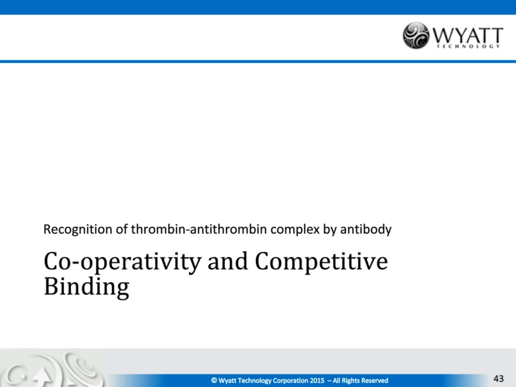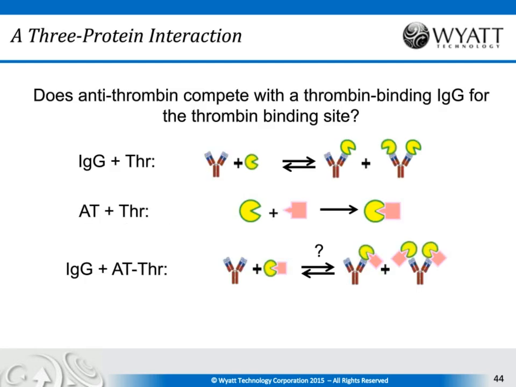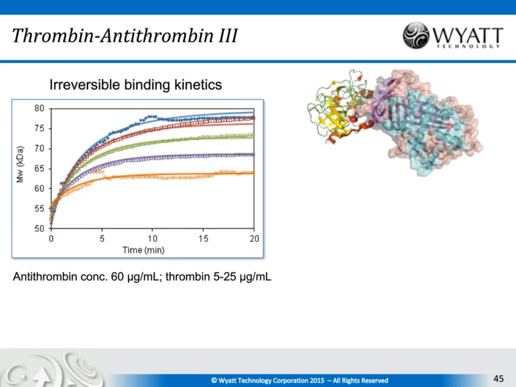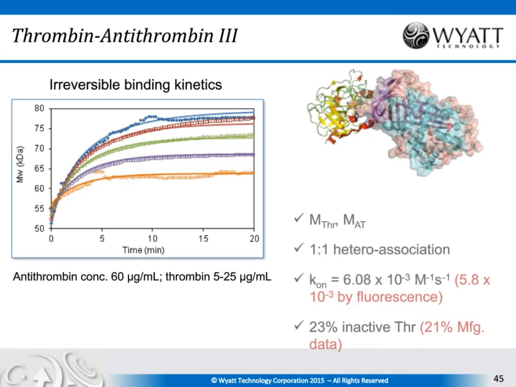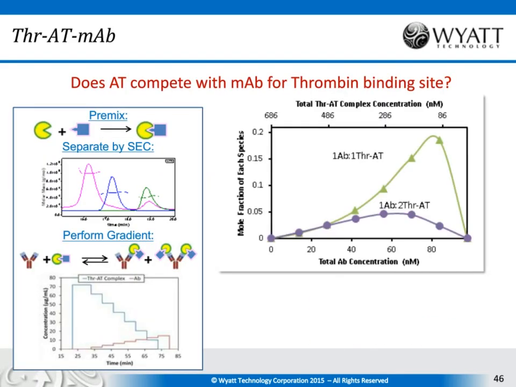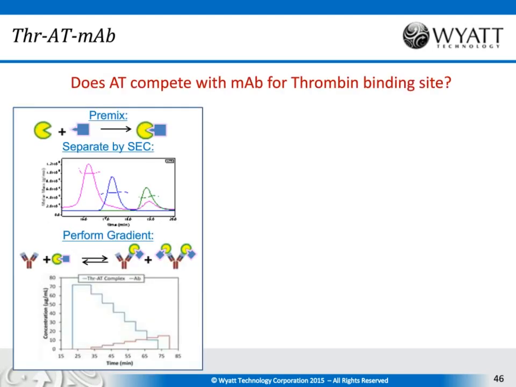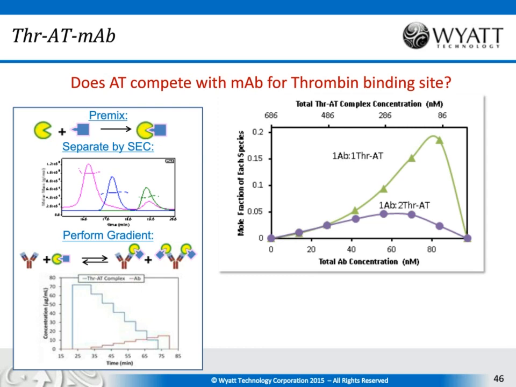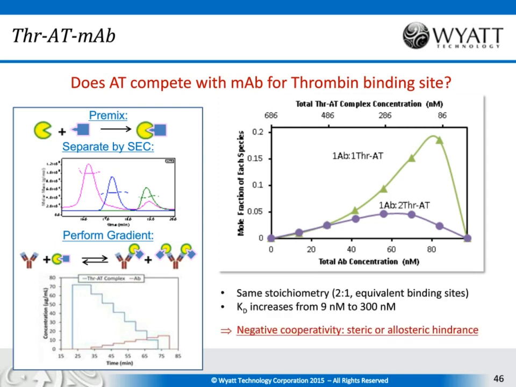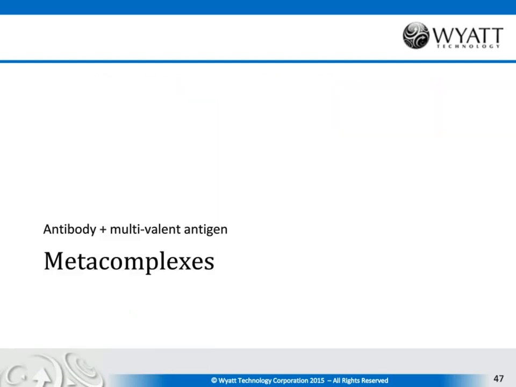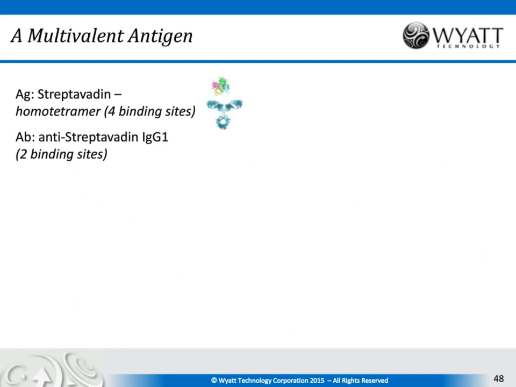So I'll just go briefly through this, looking at the kinetics of irreversible binding as well, and determining if there's competition between epitopes, in this case of antithrombin and an antibody for binding on the thrombin. So this is what was analyzed here. And then metacomplexes, where both binding partners are multivalent, give some really nice things.